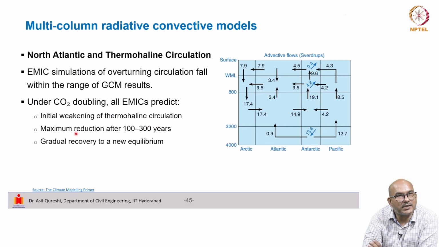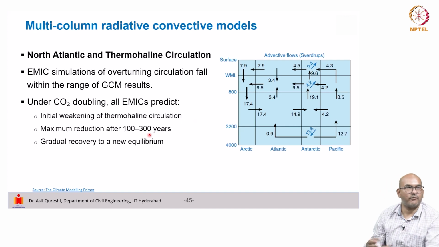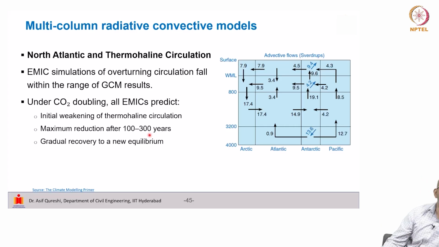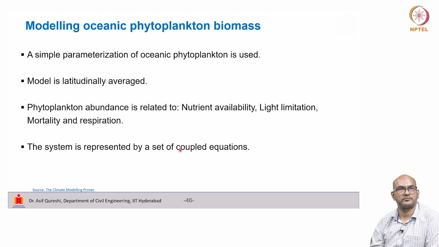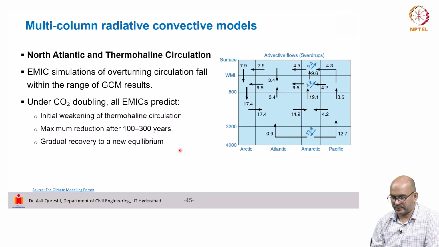There is a maximum reduction after 100 to 300 years, and after that there may be a recovery to a new equilibrium. So all models predict a weakening of circulation, a reduction and then recovery to a new equilibrium. So, that was the circulation related effect.